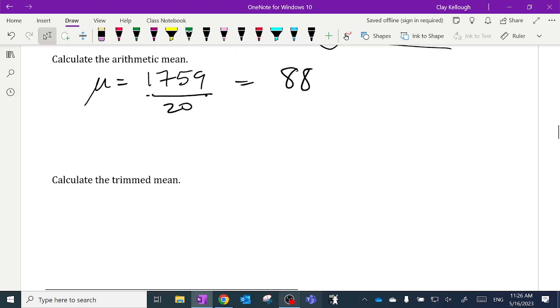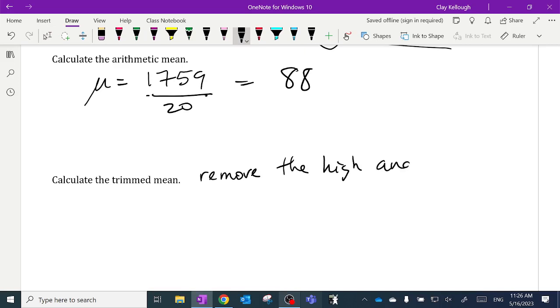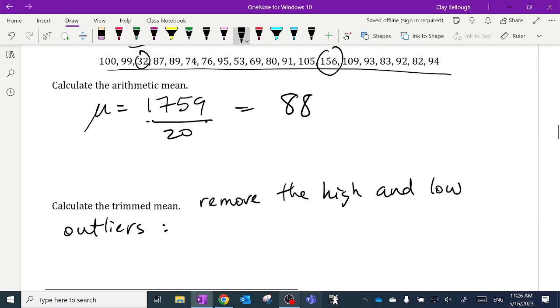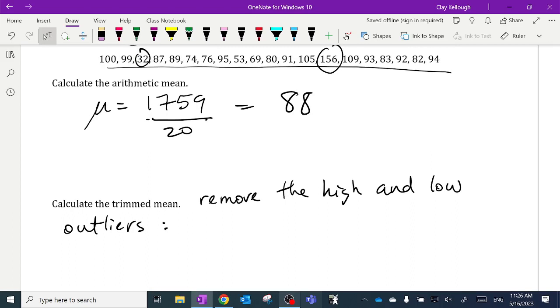So my trimmed mean will remove the high and low outliers, which in this case is the 32 and the 156. Okay, so how do I remove them? Well, I don't really want to add up all those numbers again. Oh, but I already added them up once.